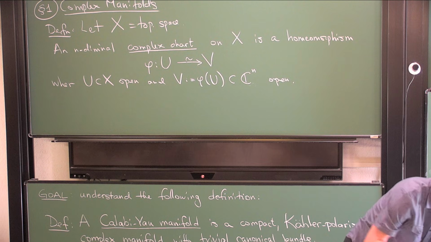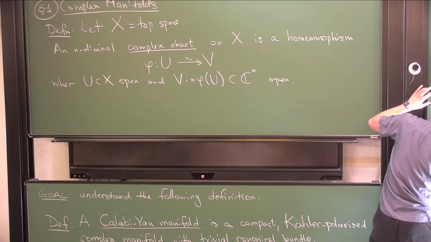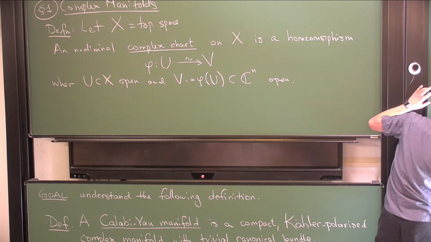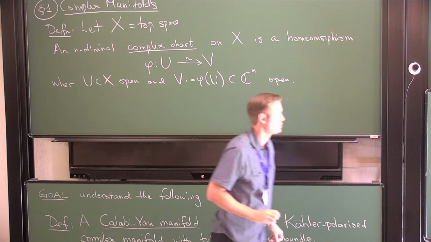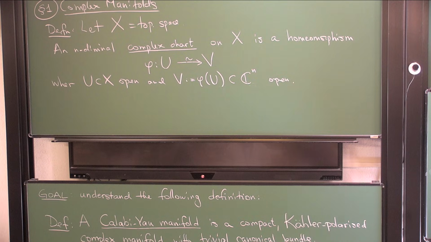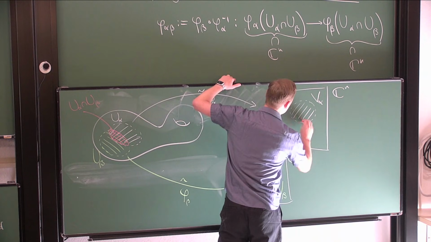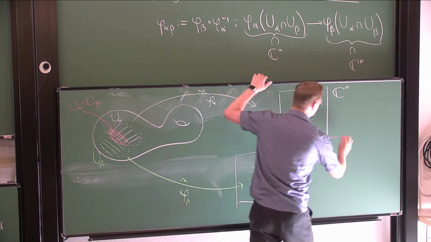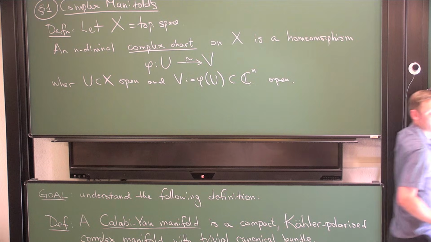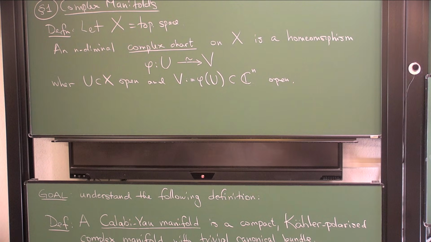Right? And what I'm interested in here, maybe I'll draw that red, is this intersection. This is the intersection U alpha intersect U beta. And so as I mentioned, a priori, here's the image of this double intersection under phi alpha. And here's the image of that same double intersection, but under phi beta.